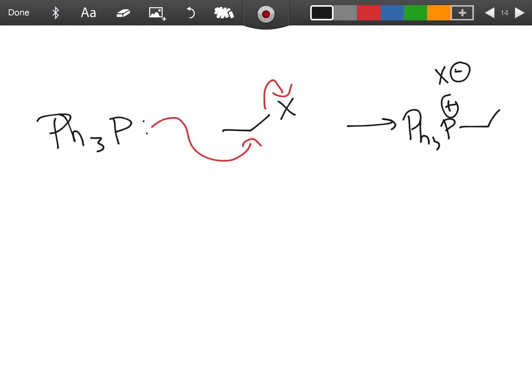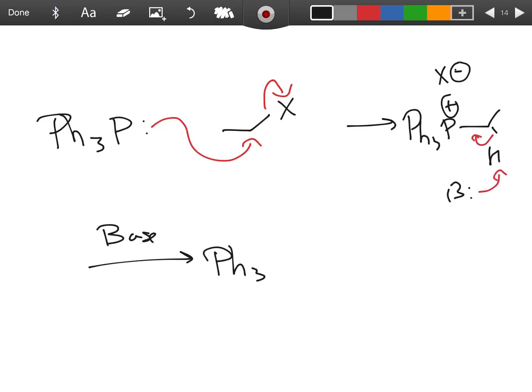You buy them as this salt, the phosphonium X salt, and then you add a base. I'm going to have a generic base here, B, that is going to come in, grab the hydrogen, and make the ylide and make the conjugate acid of the base, right?